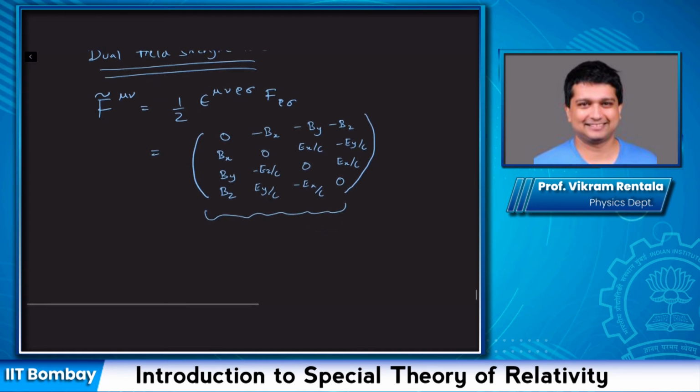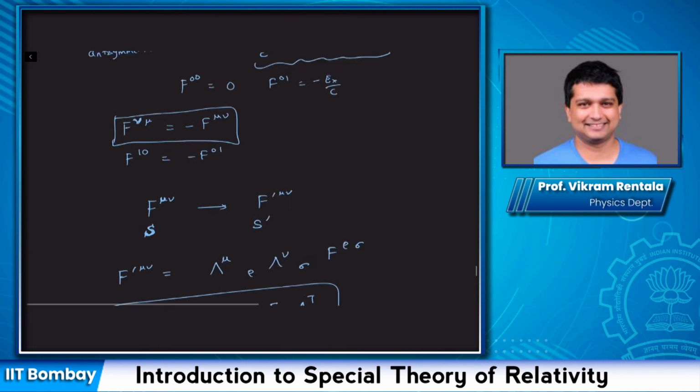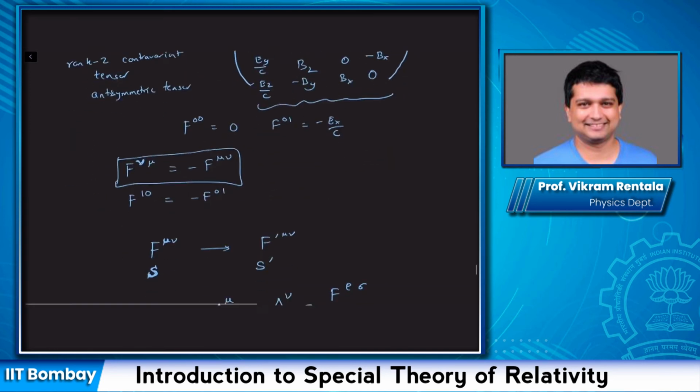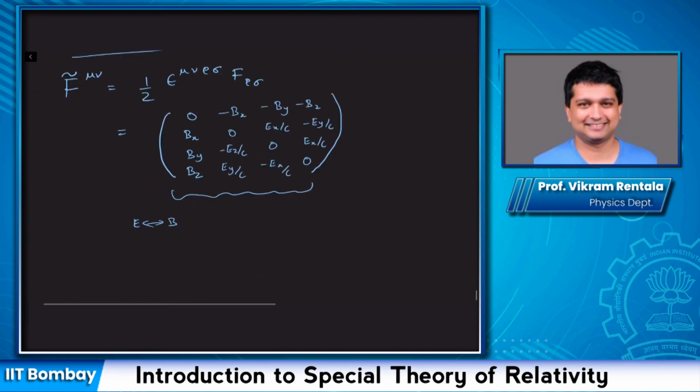So you can see that this dual field strength tensor exchanges the locations of electric and magnetic fields inside the tensor. Okay, so our old F mu nu looked like this, and now we exchange the location of minus Ex by c. We replace that with minus Bx, and everywhere we have Bx, we replace that by Ex by c. Okay, and if we do that, we would get this dual field strength tensor.